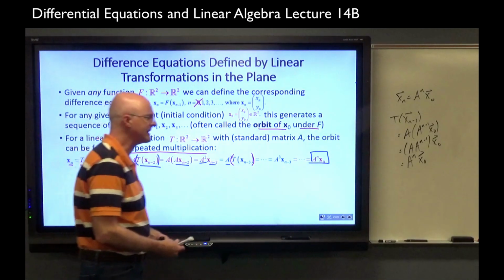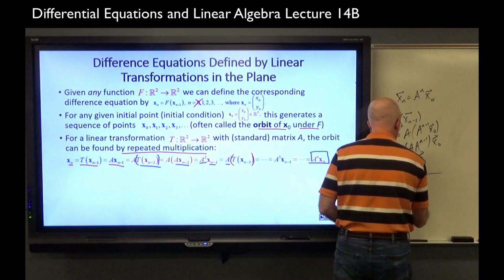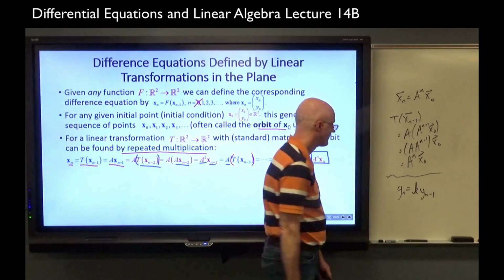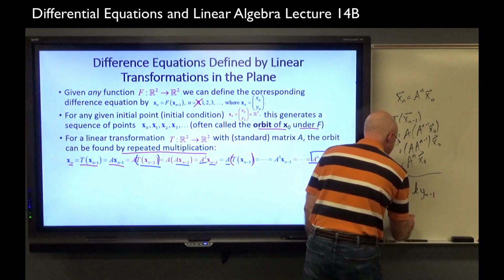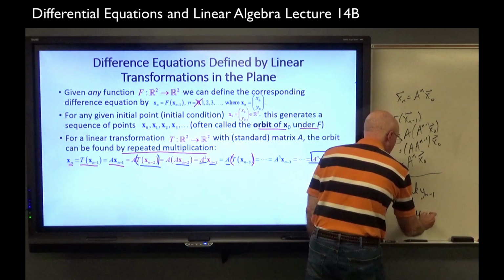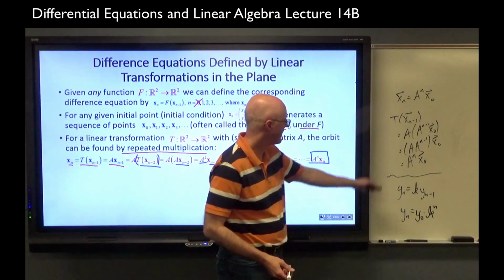This is very analogous to what we did back in lectures 1 and 2 when we were talking about scalar difference equations. Say yn was k times yn minus 1, and we wrote the solution as yn equals y0 times k to the n power. Very analogous, right?